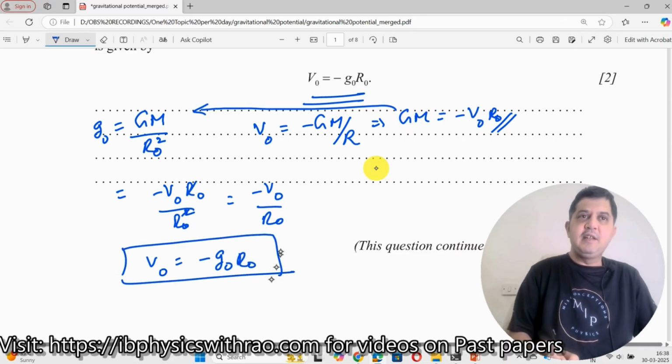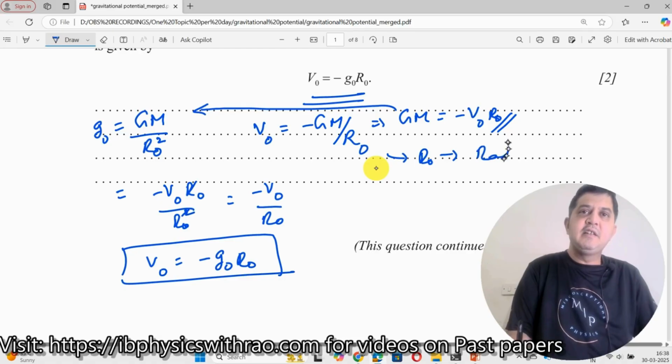The only thing is you need to mention this. If you just write like this, you will not get the mark. You need to mention that the potential on the surface of the planet is given by V0 equal to minus GM by R0, where R0 is the radius of the planet. So you should write this.